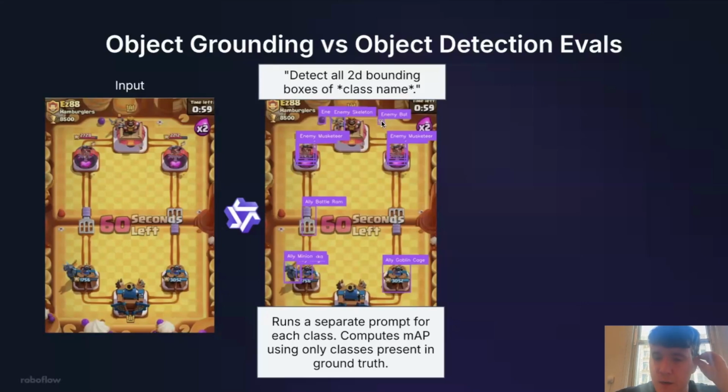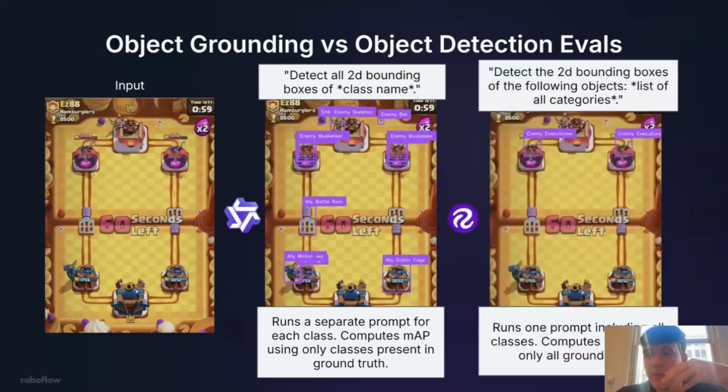So say that enemy bot was not present in the ground truth data, but it predicted the enemy bot, it will not be using the prediction for calculation of mAP, which is once again not very helpful for understanding how good the model is at actually detecting the right things. So basically, if one of those boxes on this guy is correct, it is going to be used towards calculating the true positive mAP, and the rest of the boxes would just be discarded because they're not in the ground truth, and that's pretty misleading.